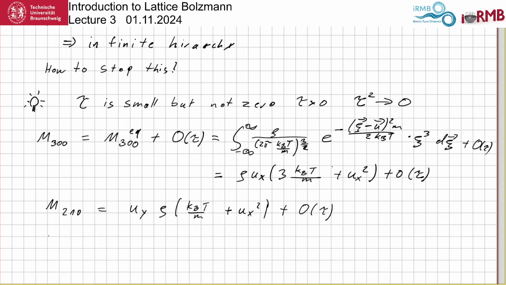And then M111, also without equilibrium, is rho u_x u_y u_z plus, because the non-equilibrium part is included, it's of order tau. Now unfortunately, if you want to derive everything completely correctly, it's getting a little bit complicated.